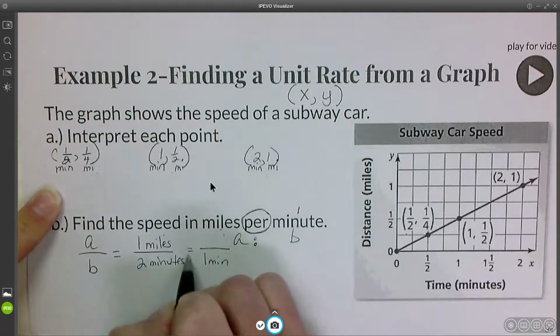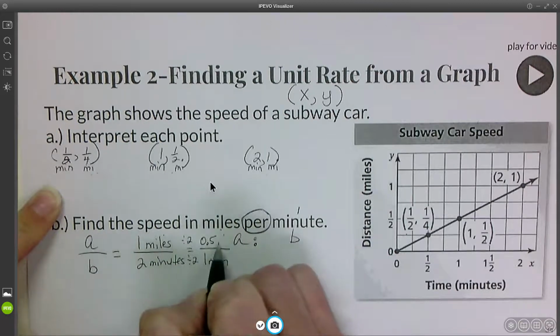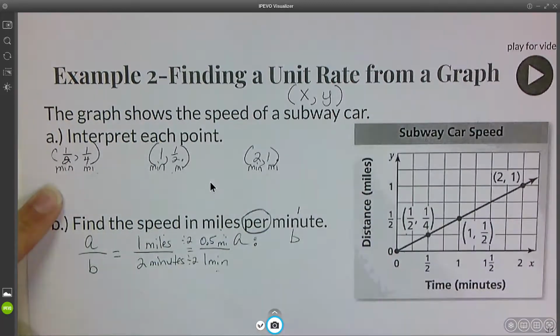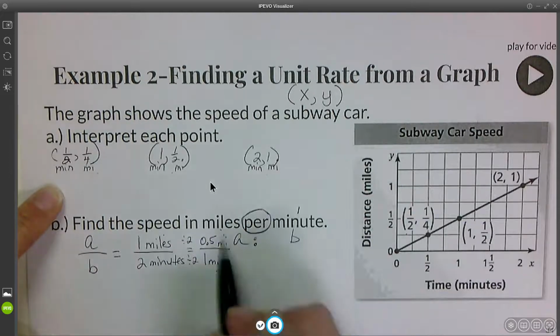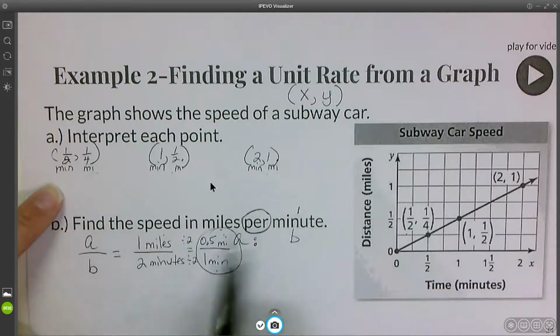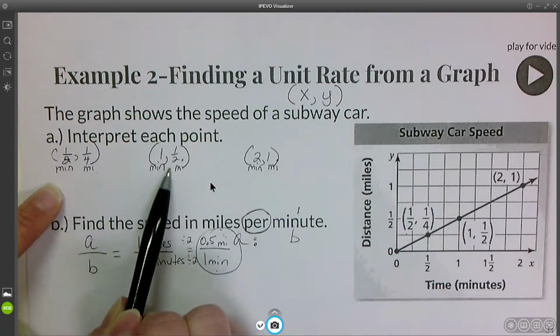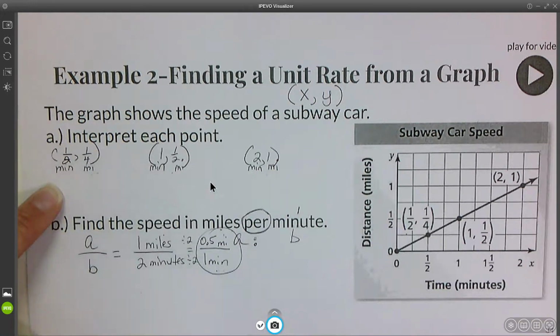And I do that by dividing by 2, and I get 0.5 miles per minute for my subway car. That would be my unit rate, or the speed in miles per minute. 1/2 of a mile per 1 minute. And you could have done it with this one, or you could have done it with this one. Either way, you would have created the exact same unit rate of a half a mile per minute.